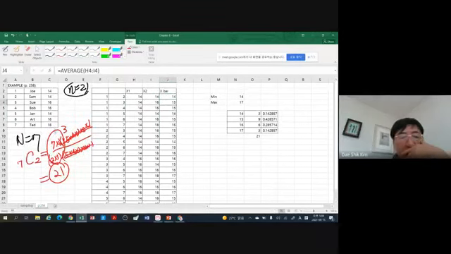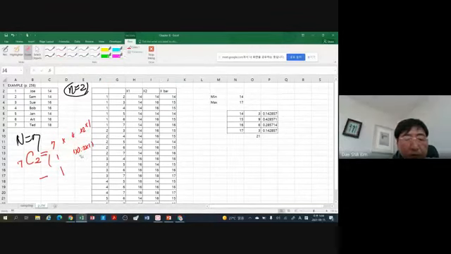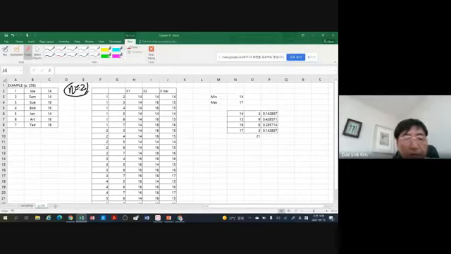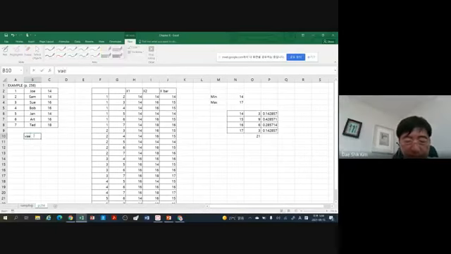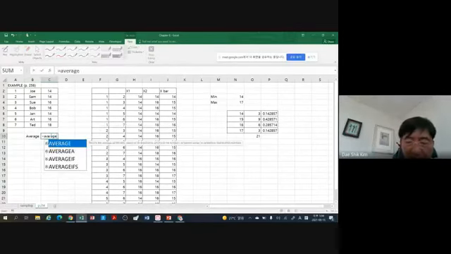You see here, what is mu? The population mean is just the average of all the numbers, using the function AVERAGE. The average is 15.4.